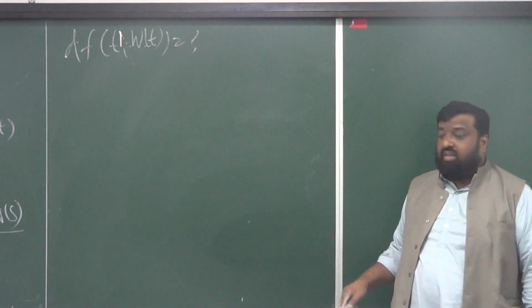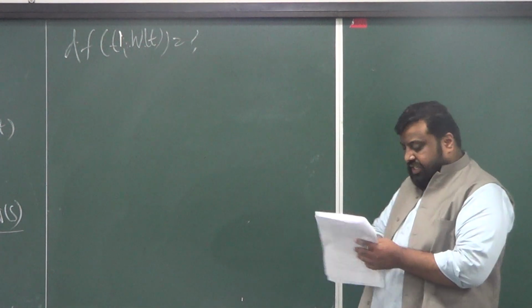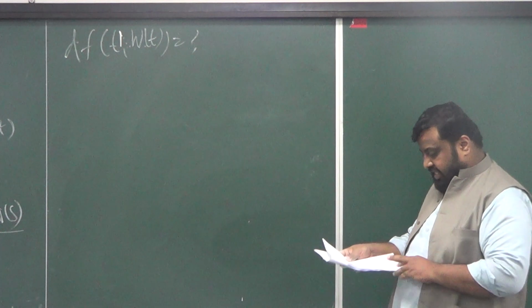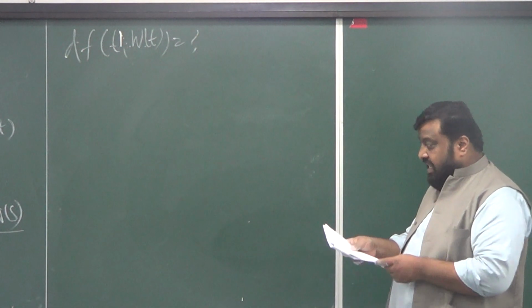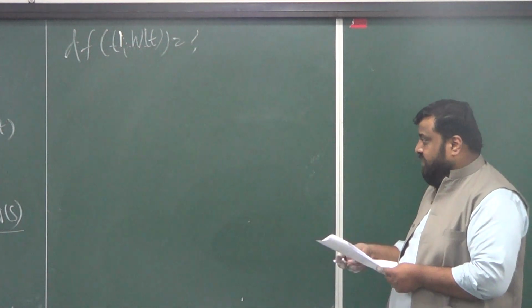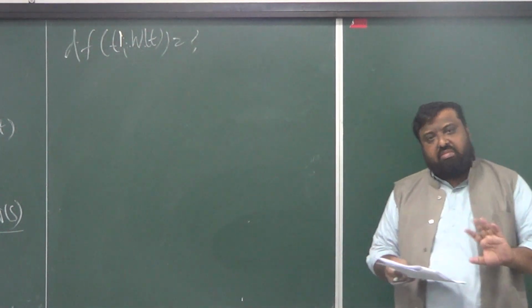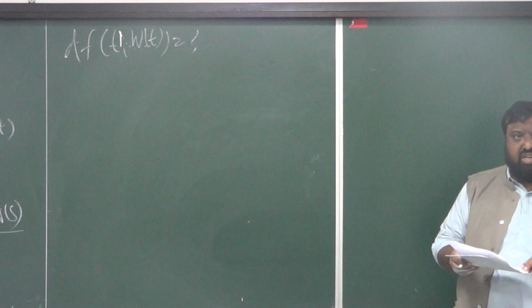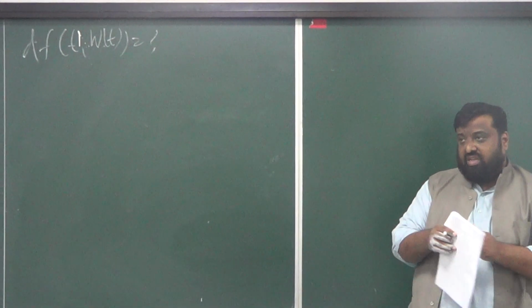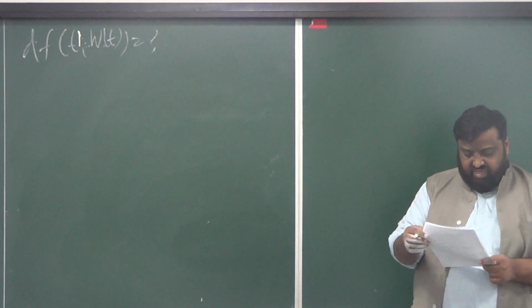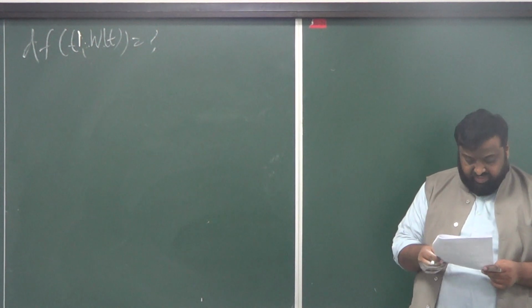So let's extend this analysis to the next level. I'm going to prove one version of it, maybe the simplest version, and the rest are similar. I'm not going to get into the whole proof. If you wish, you can read it from Karatzas or from here.